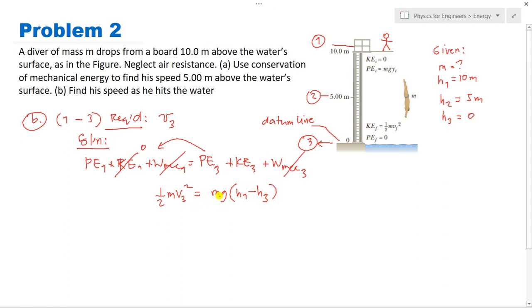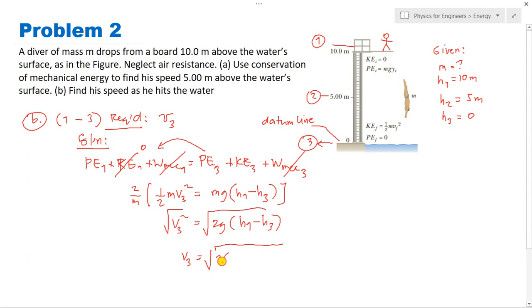Then multiply both sides by 2 over m. That would now be v3 squared is equal to 2g, then h1 minus h3. Then square root of both sides, that is v3 is equal to square root of 2 times g, which is 9.81.